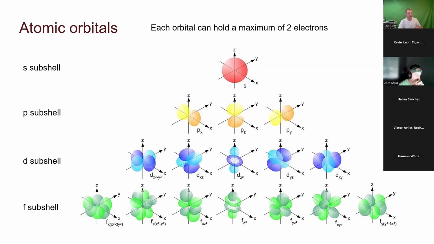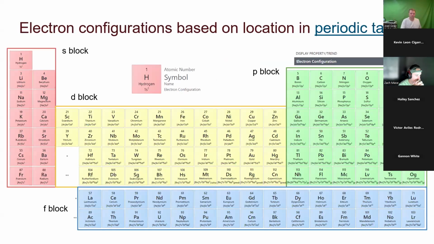Now I'm going to go on to the next slide because I'm going to go through three different electron configurations. The way that you write out an electron configuration is you first write a number. I'm going to use an X, X being simply a number. Then you're going to write a lowercase letter.